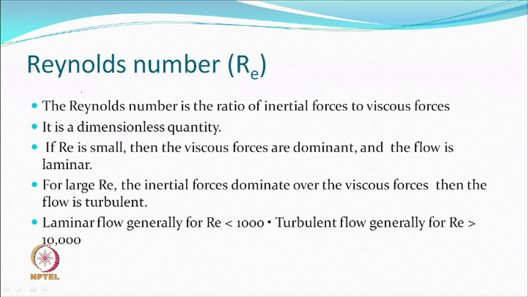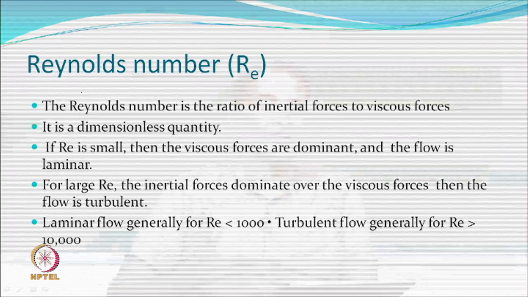In general, if the Reynolds number is less than 1000, one can think of the flow as laminar flow, and turbulent in case it is more than 10,000. So, in between there is a gray area. There is not really a fixed line below this or above this, but definitely it will relate to viscosities as well.